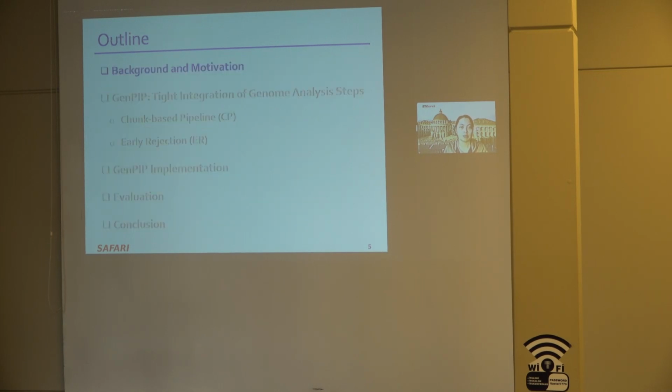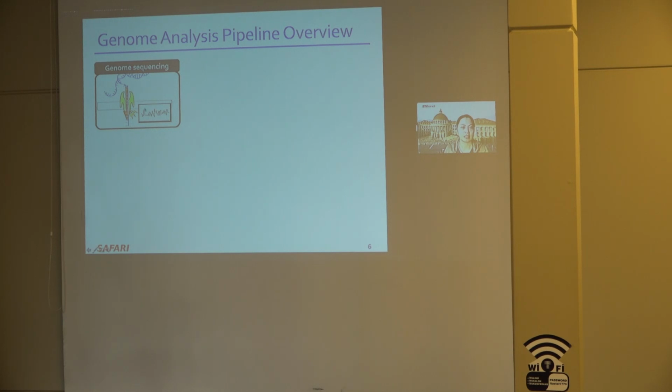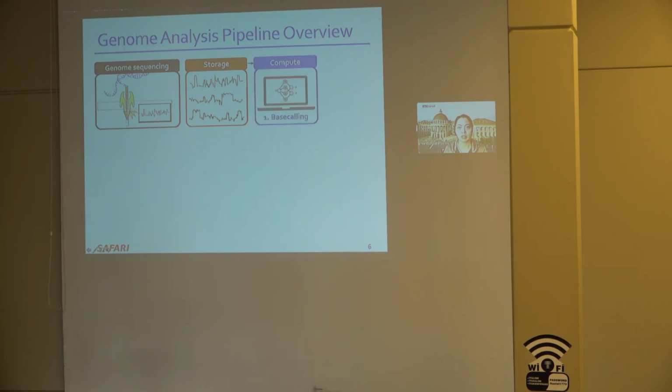So I'll go into details about genome analysis and our motivation. This is nanopore genome sequencing. After using the genome sequencing machine, we get the raw signals, and we store them in the storage. We continue with the first step in ONT genome analysis, which is called base calling.